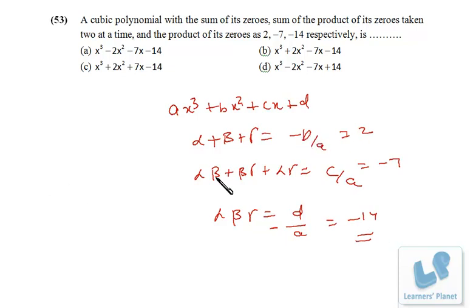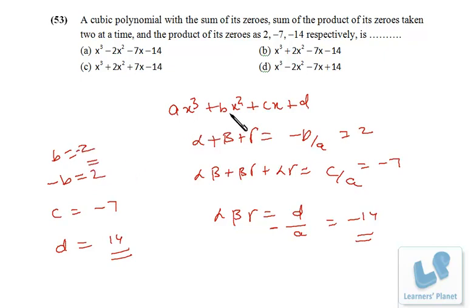So, since a is 1, minus b is equal to 2, c is equal to minus 7, and d is equal to 14, right? So b is equal to minus 2, I can say.